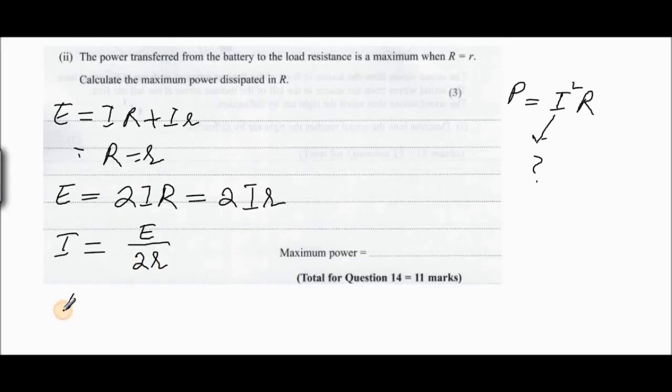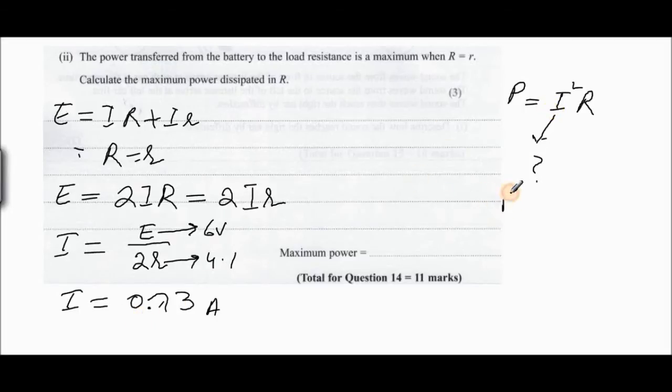If you put in the numbers, E is 6 volt and r is 4.1, it will give you 0.73 ampere.